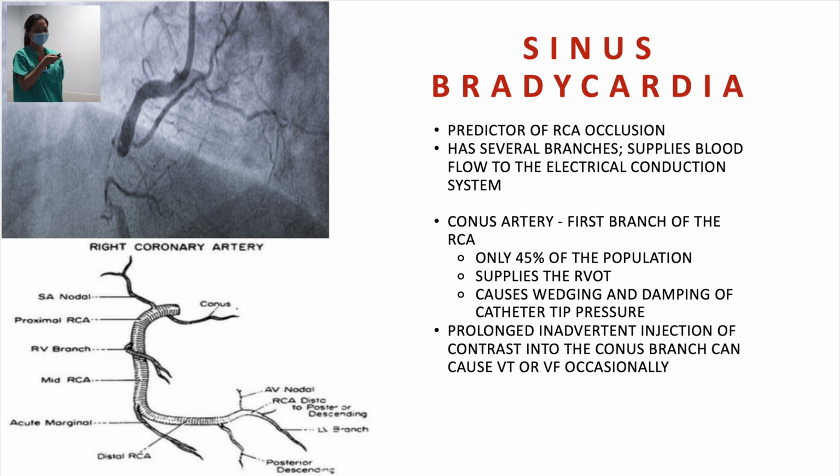So why do you think an RCA occlusion induces a bradycardia? Any ideas? That's where the SA node is. Yes, that's correct. As you can see in the photo below, several branches come off of the RCA, and it supplies the heart's electrical conduction system.